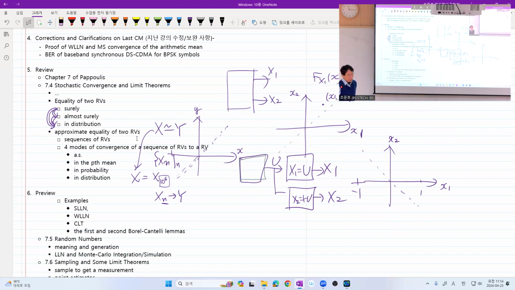So whenever you need, for example, convergence in distribution, you may directly prove convergence in distribution, or you may find it easier to prove convergence in probability or convergence in the p-th mean, especially p equals 2, so that you can use the second-order moment, something like that. However, sometimes you really need convergence almost sure, or with probability 1. And then in that case, what do we do?